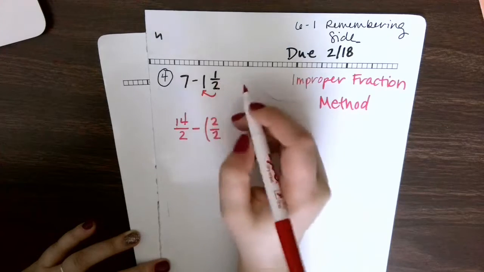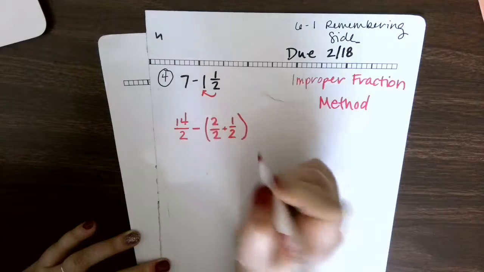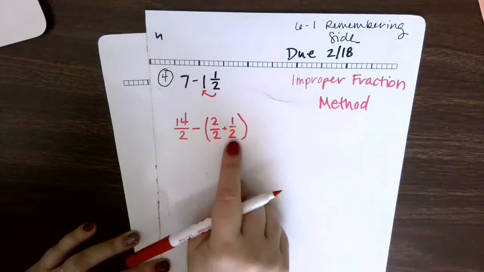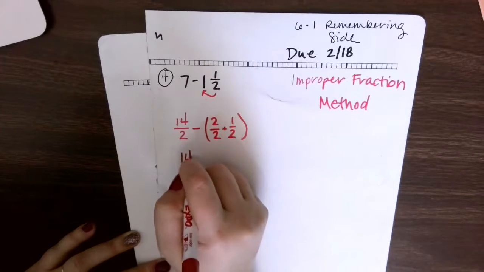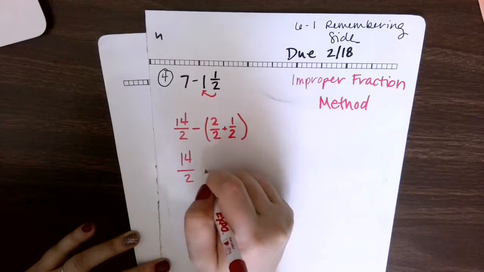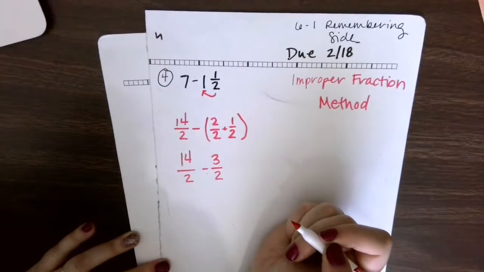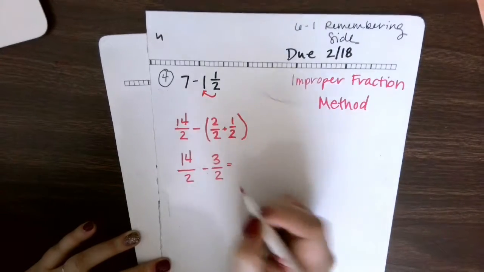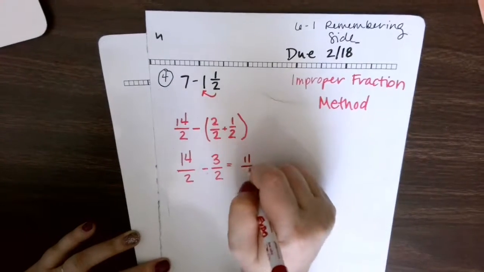Now I need to add this half. So now I have 2 over 2 plus 1 over 2, and I can simplify this by writing it that way. Now I just subtract 3 from 14. I get 11 over 2.